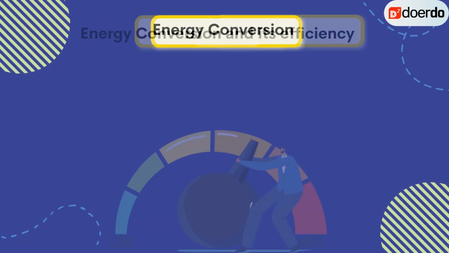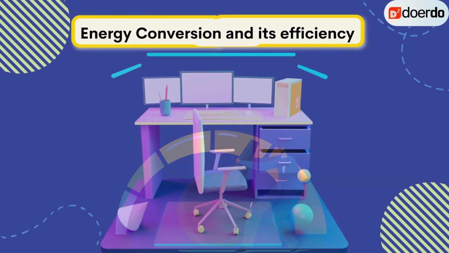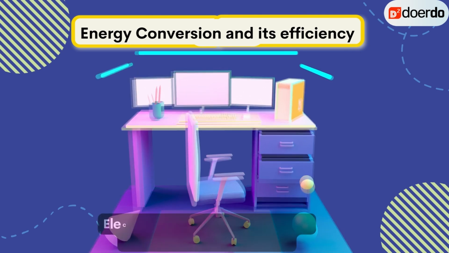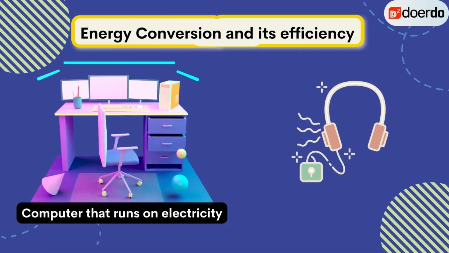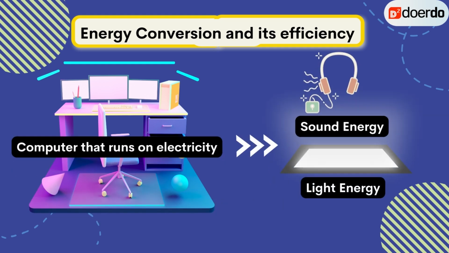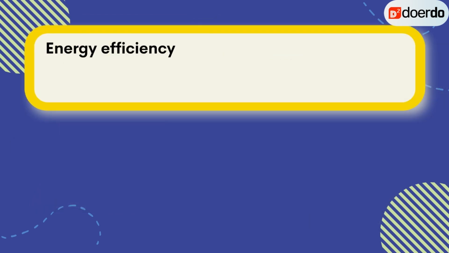Another important aspect of energy conversion is its efficiency. For example, when we use a computer, the electrical energy is converted into many other forms of energy. In the case of songs, it gets converted into sound energy, it gets converted into light energy and heat energy.